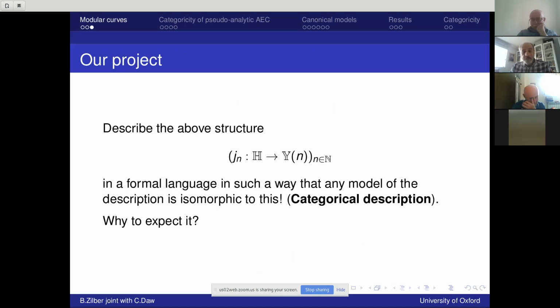So of course the question is why would we expect this to be possible? Why can this happen? Well, first of all, the underlying structure in all these cases is, of course, the structure of the field of complex numbers.